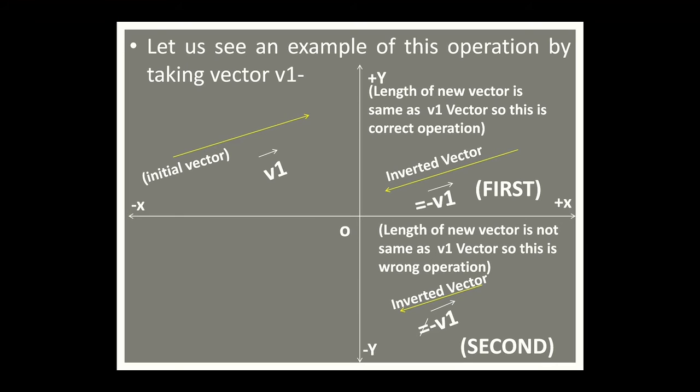inverting this vector. In the first quadrant you can see that the vector shown in yellow has the same length as the vector shown in the second quadrant, but it has the opposite direction. The arrow of the vector in the first quadrant has just the opposite direction to the vector in our second quadrant.